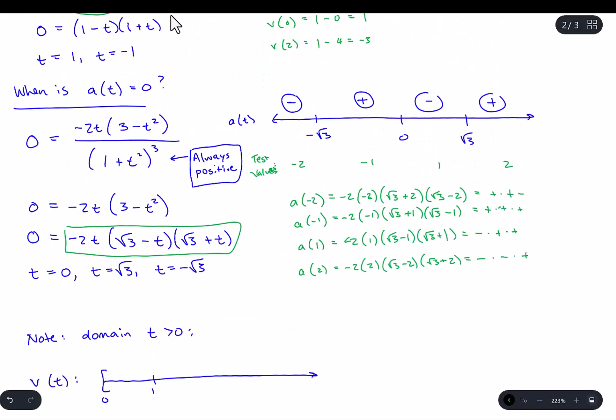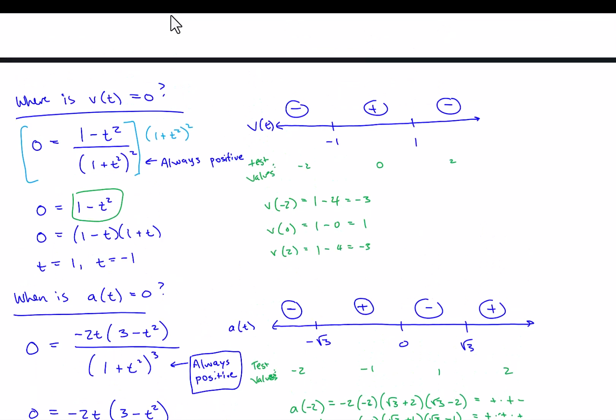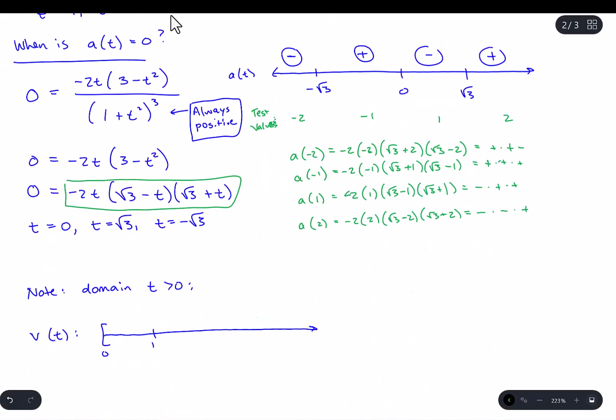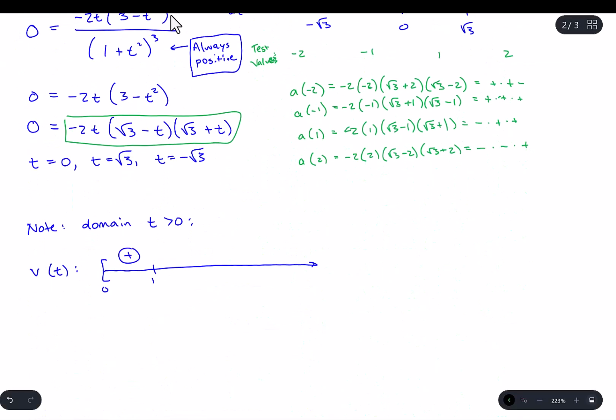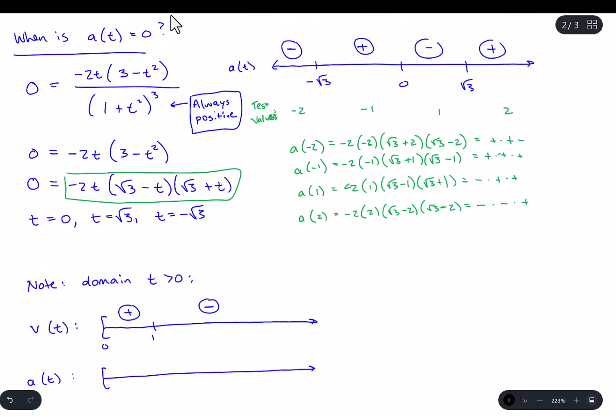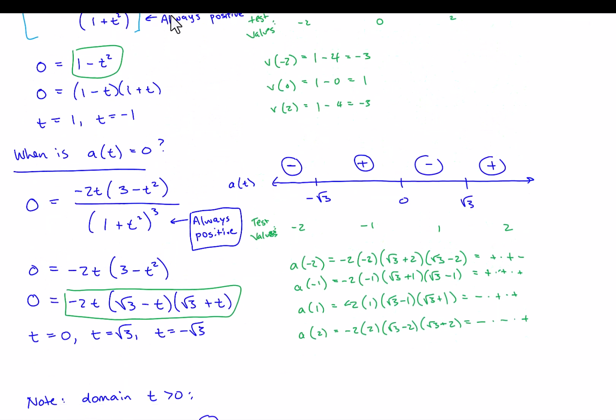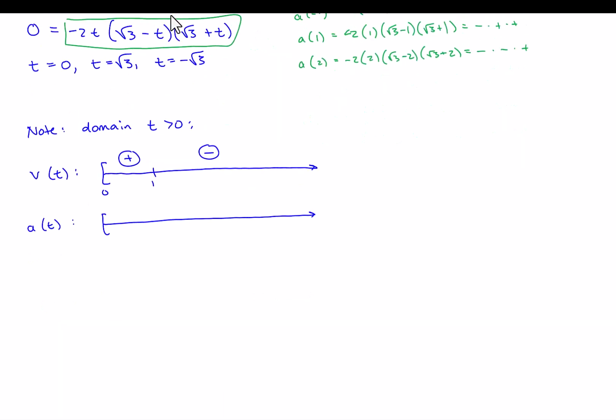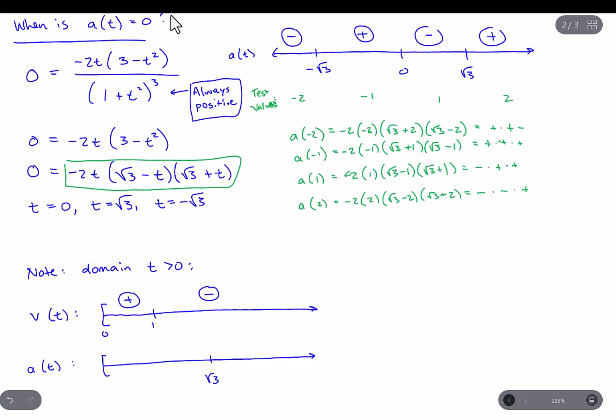Between 0 and 1, we're positive, so the velocity is positive, and then it's negative. So positive and negative. Then the acceleration function, so it had 0 and then root 3. So root 3 is a little bit bigger than 1. Okay, and between 0 and root 3, the acceleration is negative, and then it's positive.